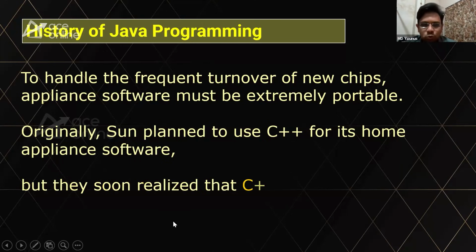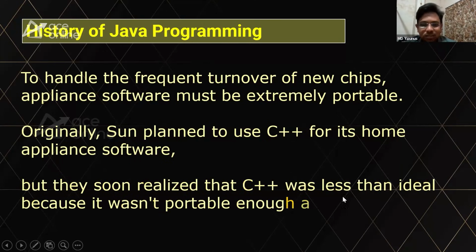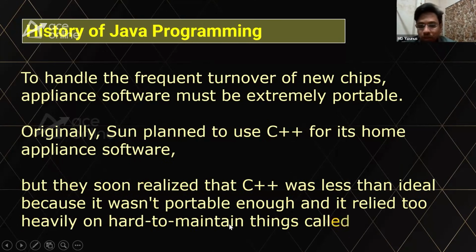But they soon realized that C++ was less than ideal because it wasn't portable enough and relied too heavily on hard to maintain things like pointers. We will see moving forward what the problem with C++ is, why they dropped this language, and why they started working on a new language.